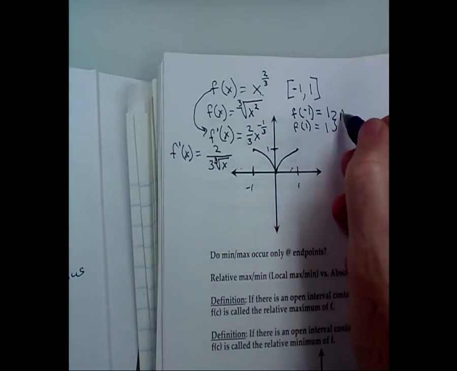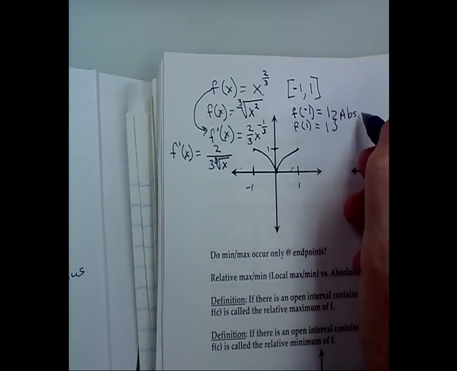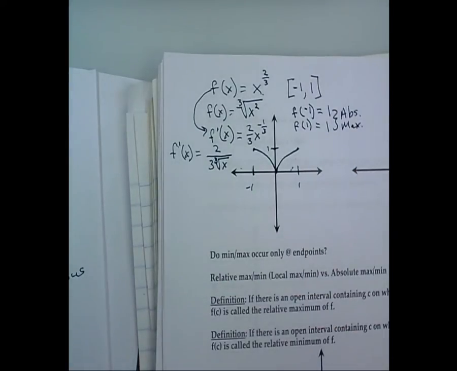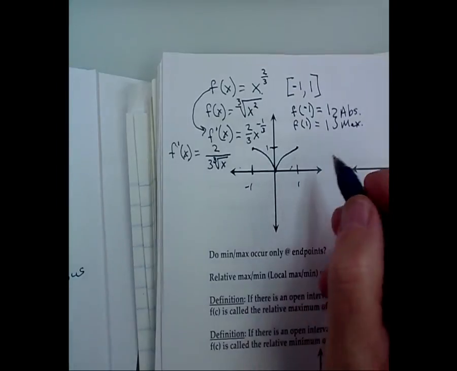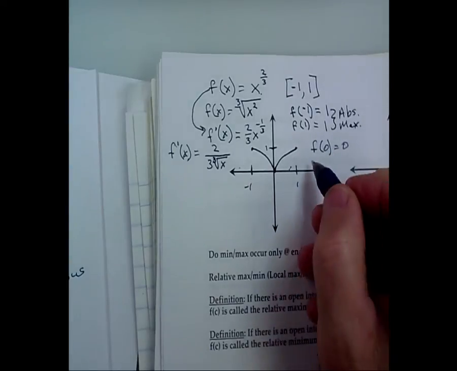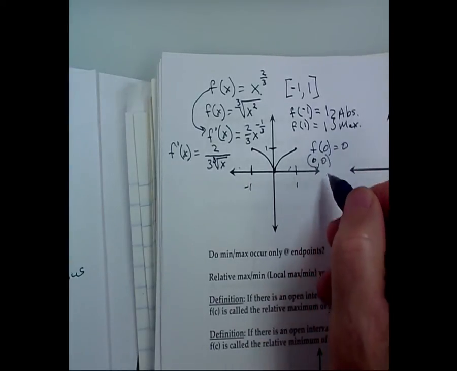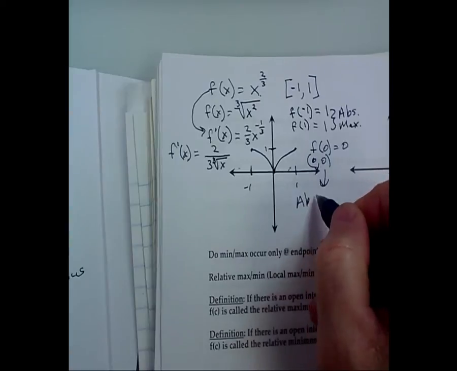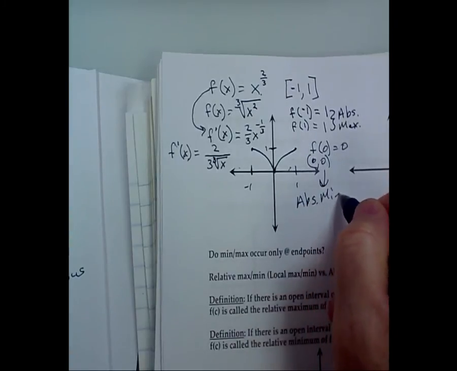They're absolute max. I don't get higher than 1, do I? On this graph? And when I put 0 into f, I get 0. So 0, 0 is the absolute min.